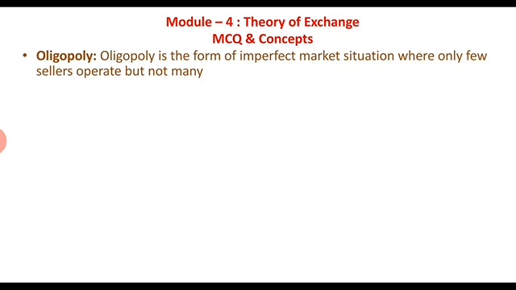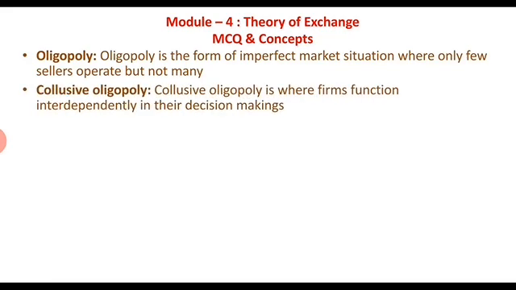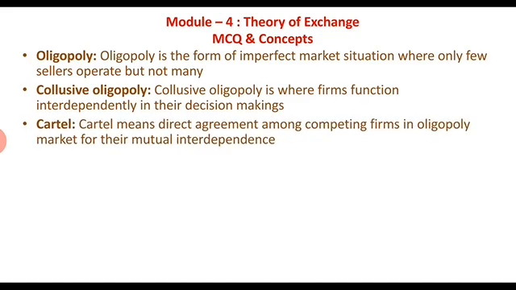Oligopoly. Oligopoly is the form of imperfect market situation where only a few sellers operate but not many. Collusive oligopoly. Collusive oligopoly is where firms function interdependently in their decision makings. Cartel.